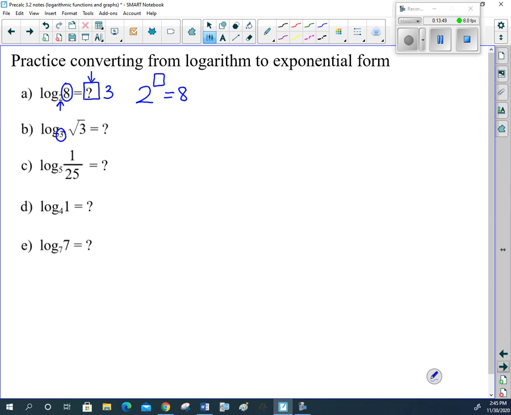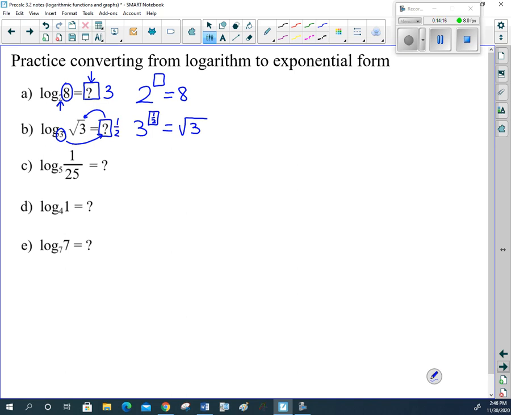Here's the base. So 3, then you go to the power. 3 raised to what equals square root of 3? Well, if square root is the power of 1/2, then 3 to the 1/2 is what gives me square root of 3. So the answer is 1/2. So the answer to this is 1/2.